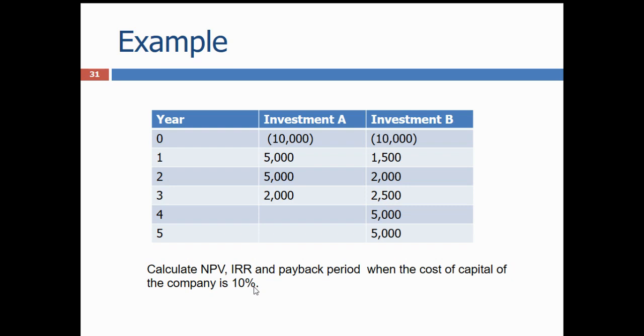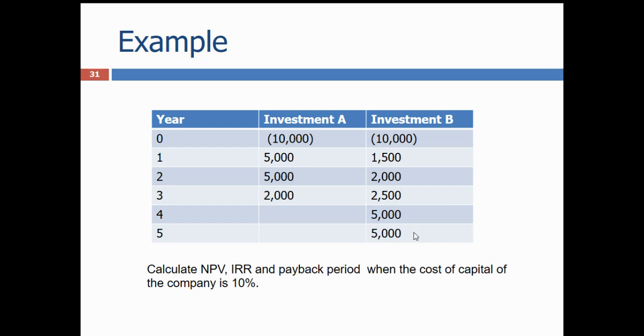You have two investments here, investment A and investment B. They have the same initial investment, which is 10,000, but investment A gives you returns only for 3 years, while investment B gives you returns for 5 years.